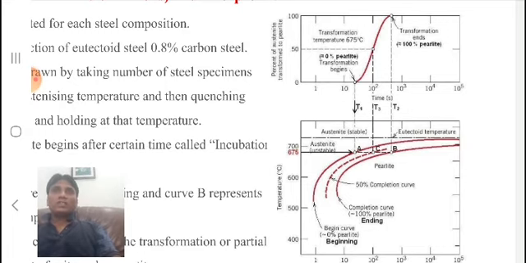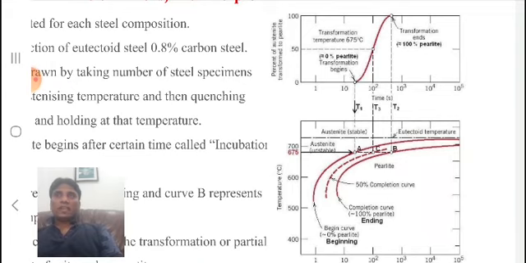So this is how we save the time to make any particular steel of required microstructure. First advantage is it is easy to understand and easy to get the required microstructure. And the second advantage is whenever we can quench the steel to the transformation temperature, and again we can quench the steel after the completion of the transformation.